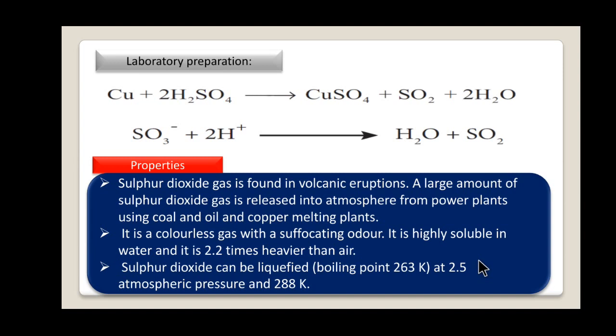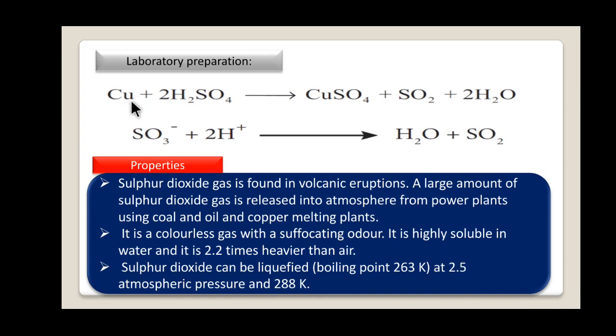Next, the laboratory preparation. Sulfur dioxide is prepared in the laboratory by treating a metal or metal sulfite with sulfuric acid.